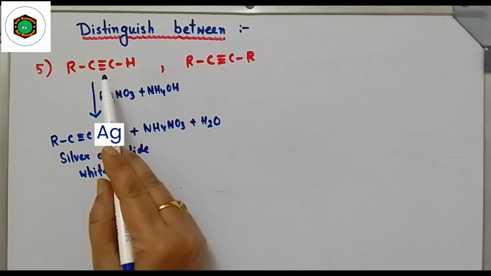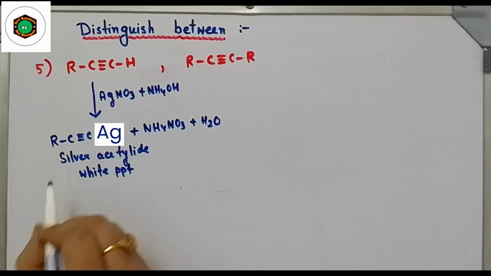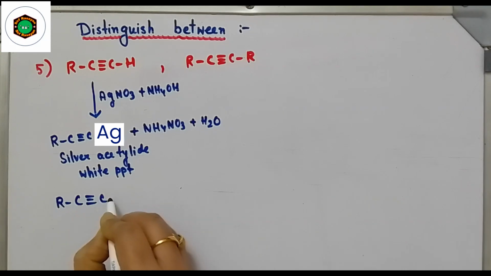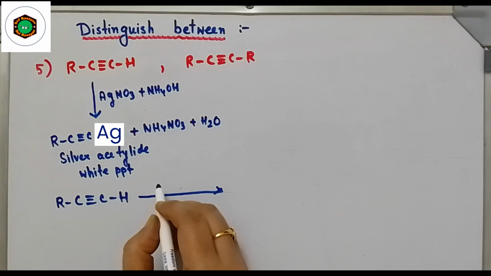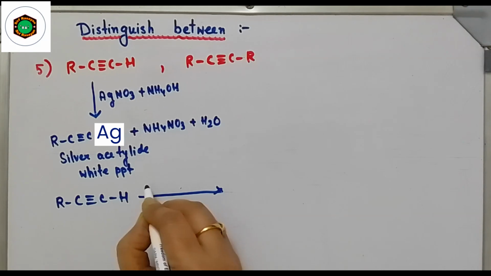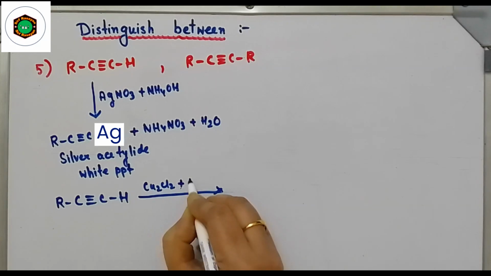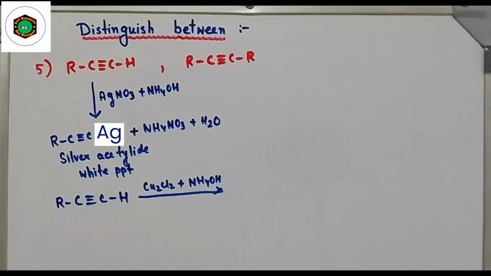Similarly, if you take this compound, terminal alkyne, once again, and treat it with ammoniacal cuprous chloride, this is cuprous chloride, ammoniacal means ammonium hydroxide. What will happen?